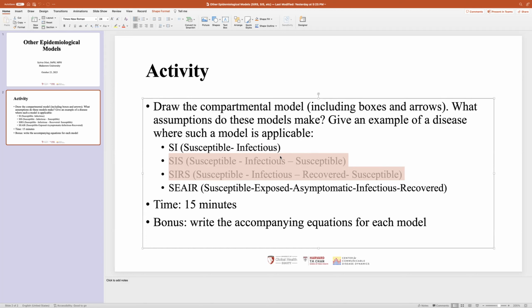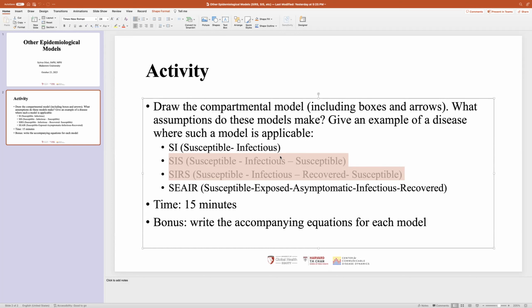Okay, so can you give an example of one common disease where once you recover, you become immediately susceptible? COVID-19 is one, or influenzas, diseases like that. Once you recover, you immediately become susceptible.